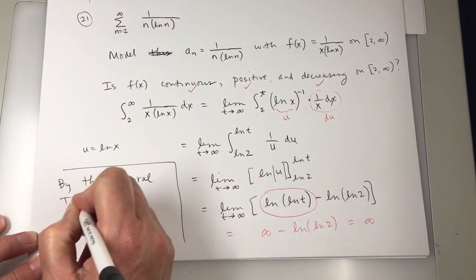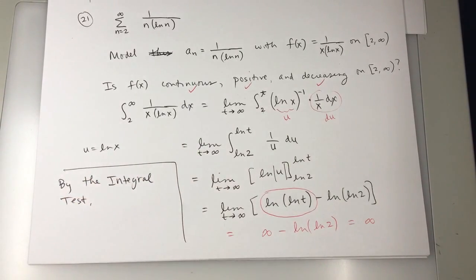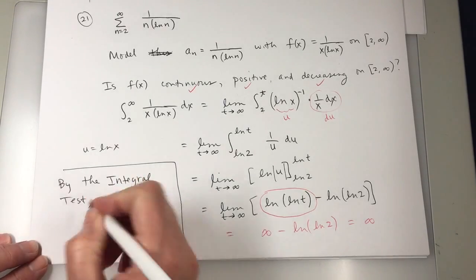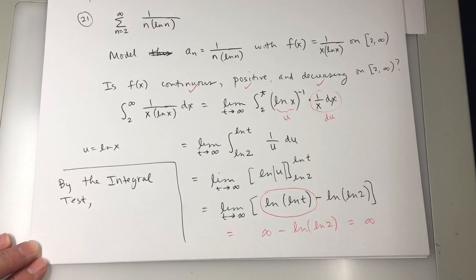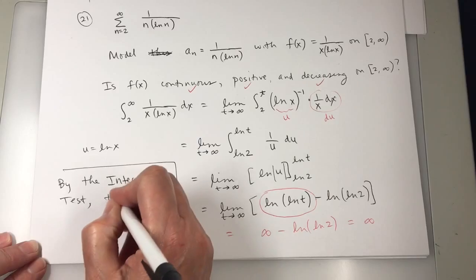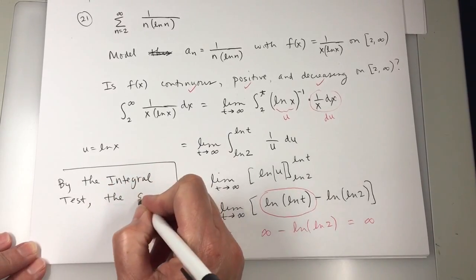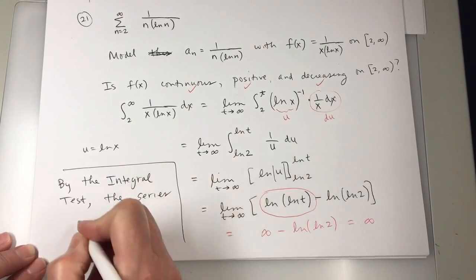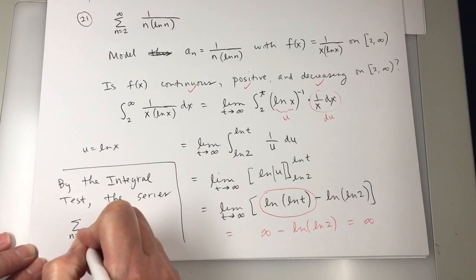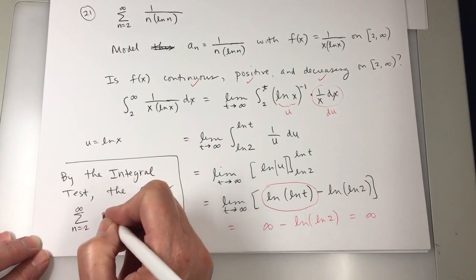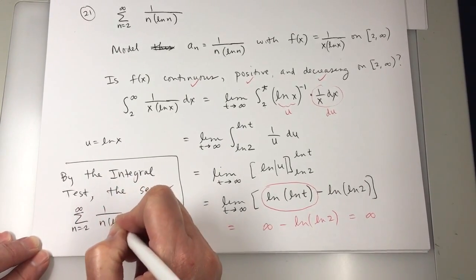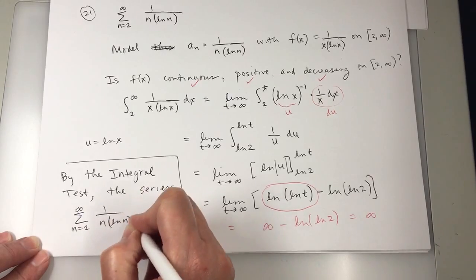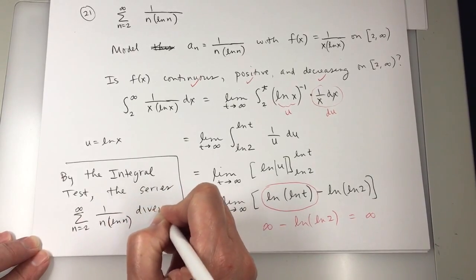By the integral test, although it should be obvious at this point in this problem, but somewhere give that in your solution. By the integral test, the series, the sum as n goes from 2 to infinity of 1 over n times the natural log of n, diverges.